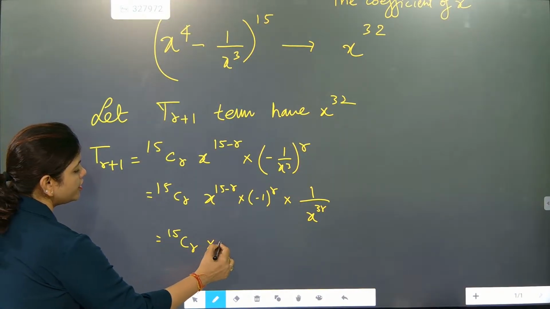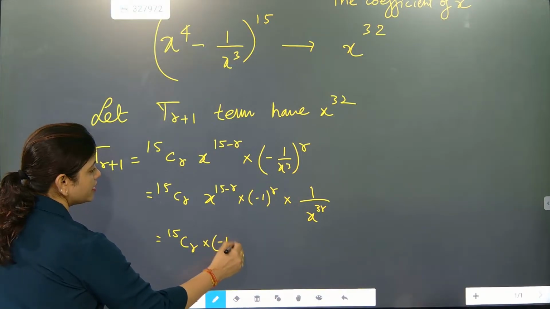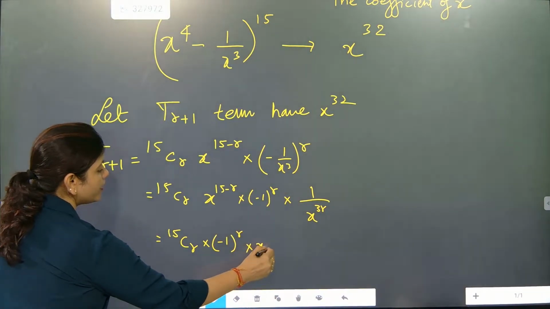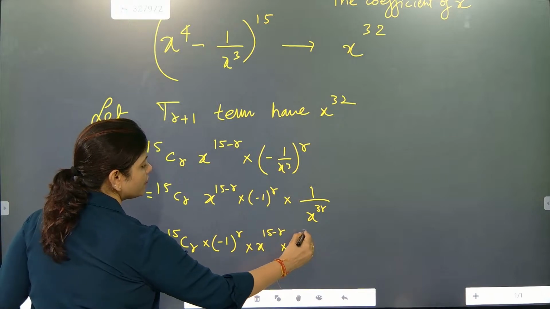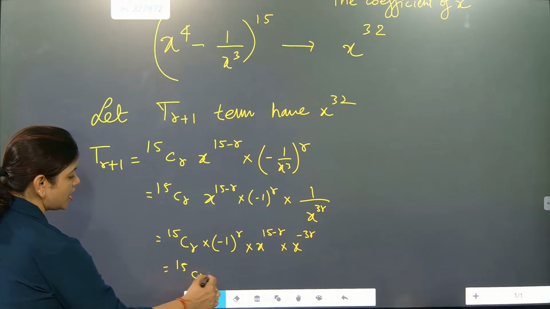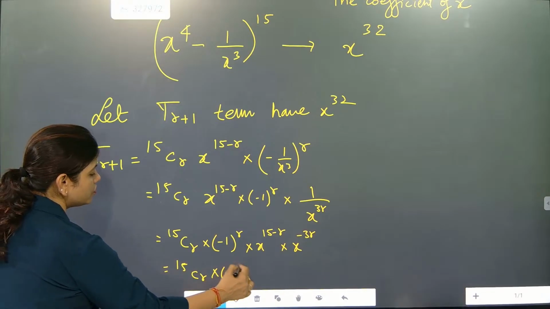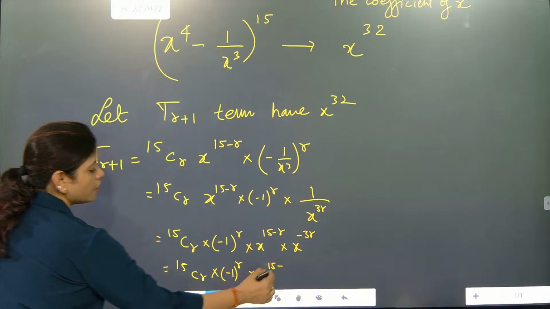So it will be 15Cr into minus 1 to the power r into x to the power 15 minus r into x to the power minus 3r. Now it will become 15Cr into minus 1 to the power r, x to the power 15 minus 4r.